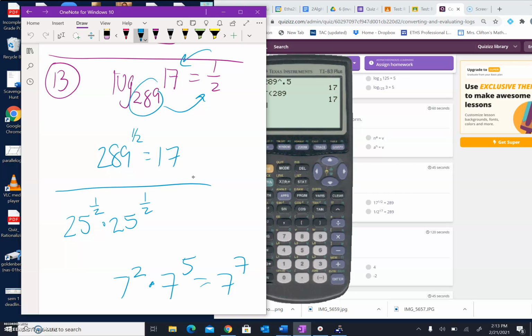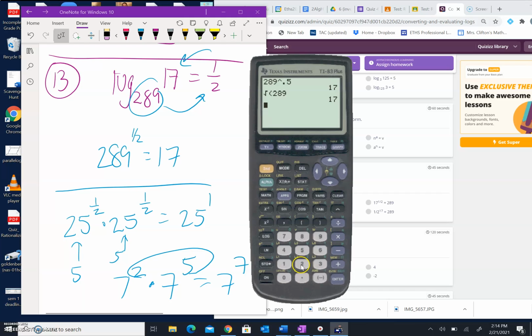That was one of our exponent rules we saw first semester. So if I do that, I would say, okay, I have the same base, right, and then I add the 2 and 5 to get 7. I add the 1/2 and 1/2. That gets me a sum of 1. So I'm saying something times itself gives me a 25, right? That means that this has to be the same thing as a 5. And that means it's the same thing as a square root of 25, right? The square root of 25 is 5. So that is how I originally introduced you guys to the 1/2 being the same thing as square rooting.